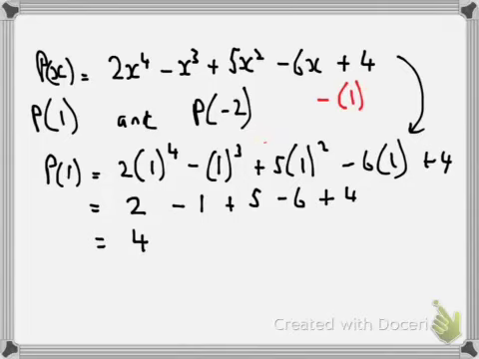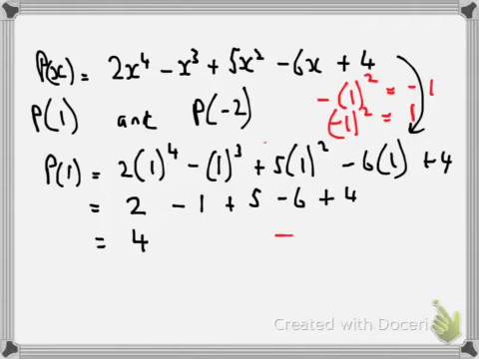Just be careful, say it was squared. Let's look at squared. The negative of 1 squared and negative 1 squared are two different things. That one is the negative of 1 squared, which is negative 1. This one is negative 1 squared, which is negative 1 times negative 1, which is positive 1. So just be careful with the distinction between those two.